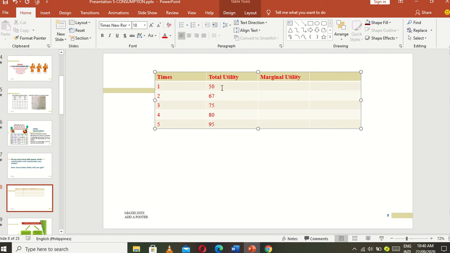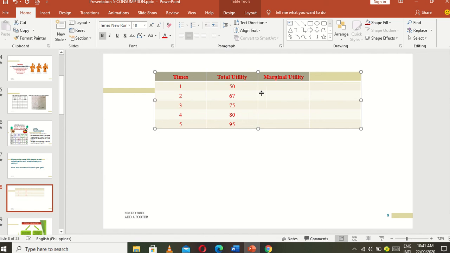Now, that's the total utility. But when you say marginal utility, it's the addition or the diminishing factor as you consume more and more burgers.